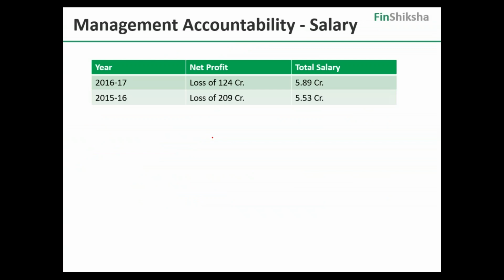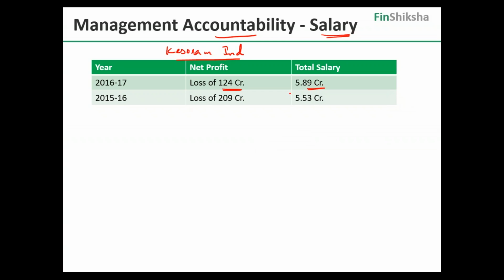Third, management accountability in terms of salary. This is again an example of Kesoram Industries. Most of the companies, whenever they are making a profit, will increase their salaries. But if the company is making loss, and if the loss is for a particular year, then that's fine. But if the loss is sustained, all right.